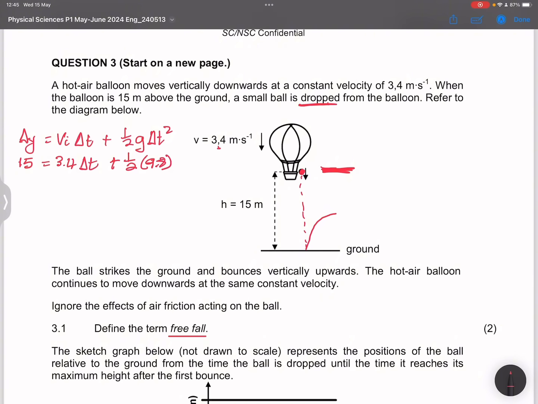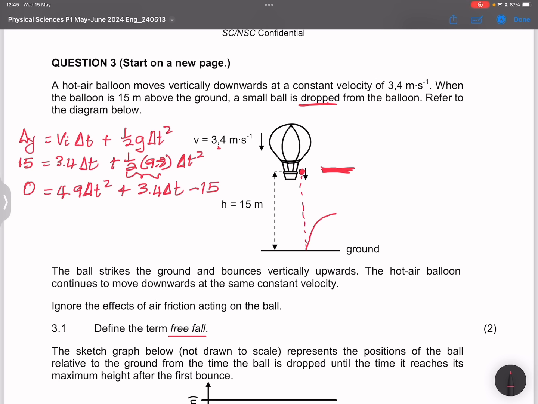Our g value is 9.8, multiplied by delta t squared. Now, of course, this gives us a quadratic equation. A half of 9.8 is 4.9, plus 3.4 delta t, and minus 15, and this is equal to 0. So we know this is 4.9 t squared, that's 3.4 delta t, that's minus 15.